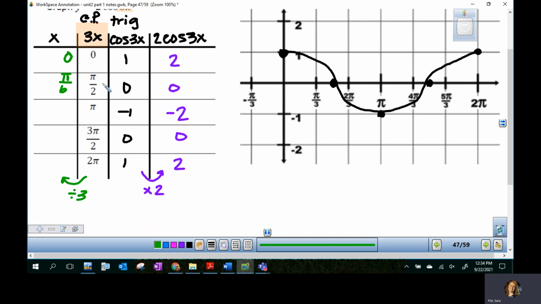Again, when you have a fraction divided by a whole number, you're actually multiplying the denominator by that number. So that's why pi halves becomes pi 6. Okay, and this becomes pi thirds. This becomes 3 pi 6. And this becomes 2 pi thirds.